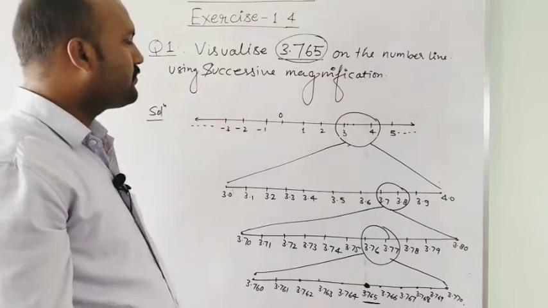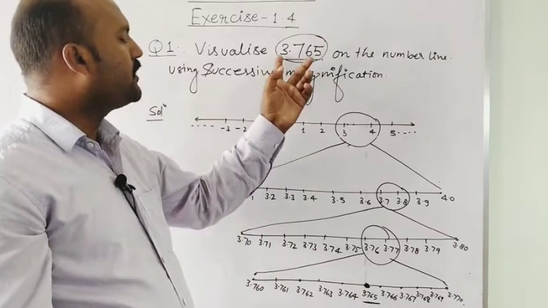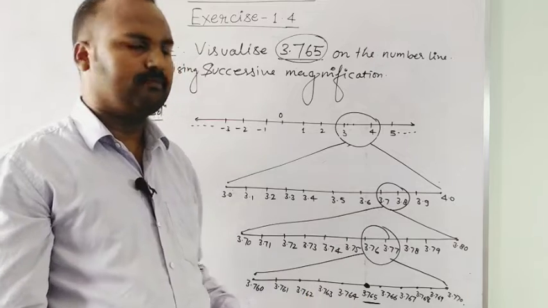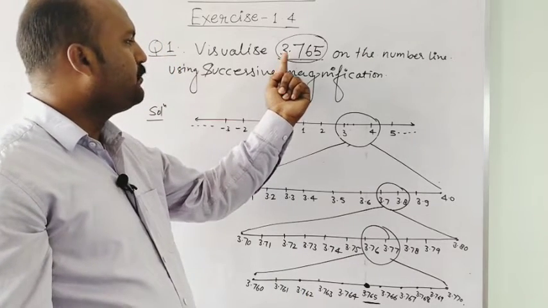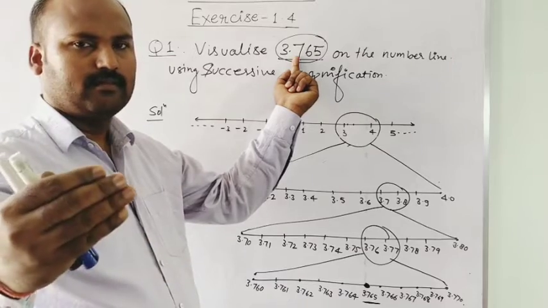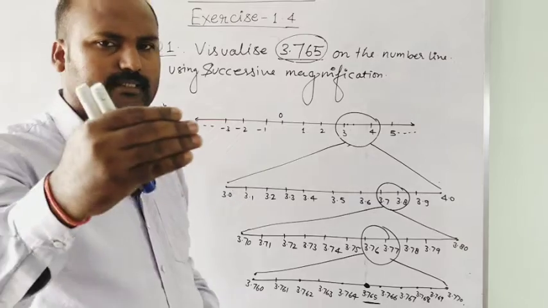Now see again, the given number 3.765 lies between which two numbers? 3.76 means this number is more than 3.7 but less than 3.8.